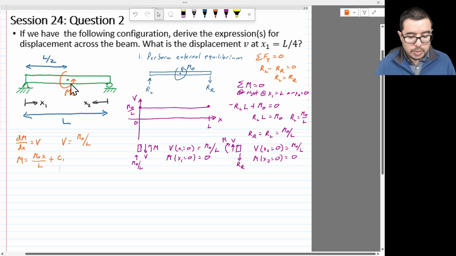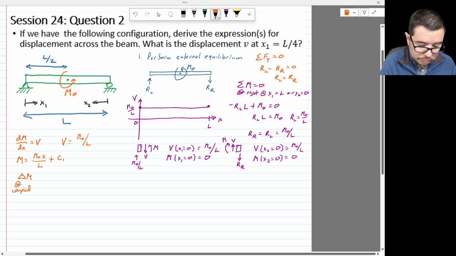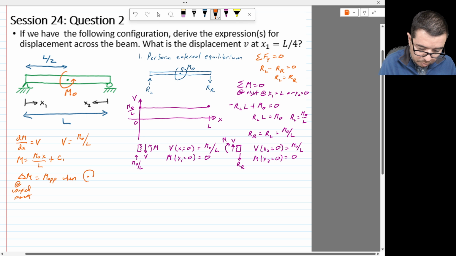And if you remember, if you're going from left to right, the delta M at a coupled moment is going to be equal to M applied, and this is when M applied is in this direction, which is actually what we often think of as the negative direction.